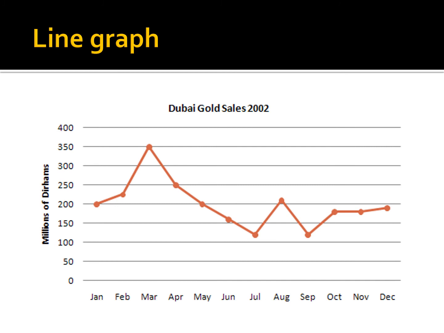Let's move towards our first question that we'll be doing today. It's Dubai Gold Sales 2002. In the y-axis, we are writing millions of dirhams, and if you check, they are exceeding up to 400 and starting from 0.